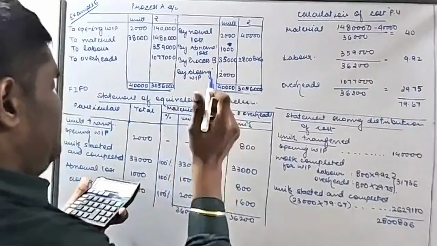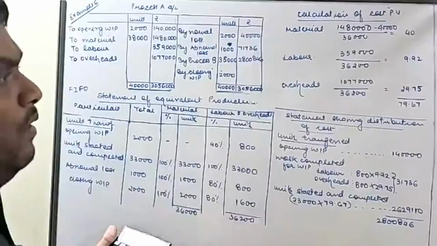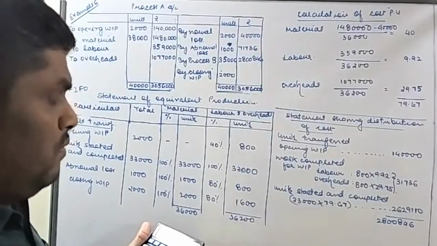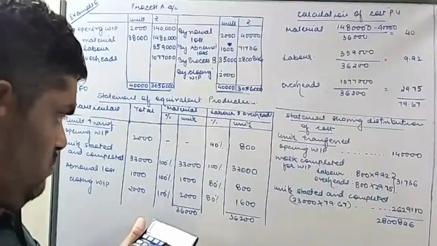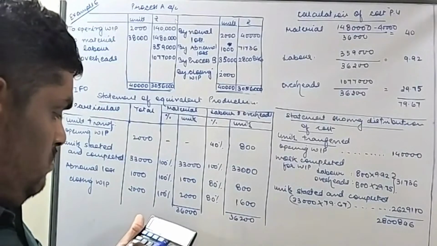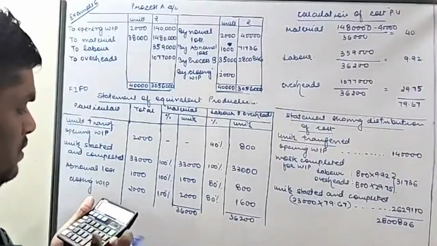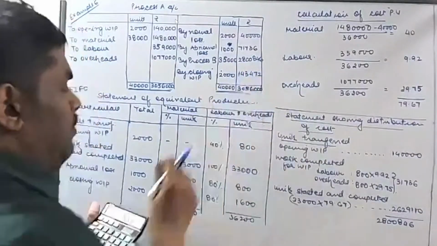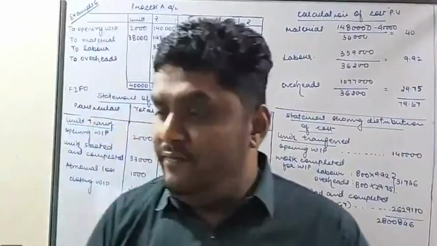So this will be 71,736. So this is the way you guys have to solve the question.